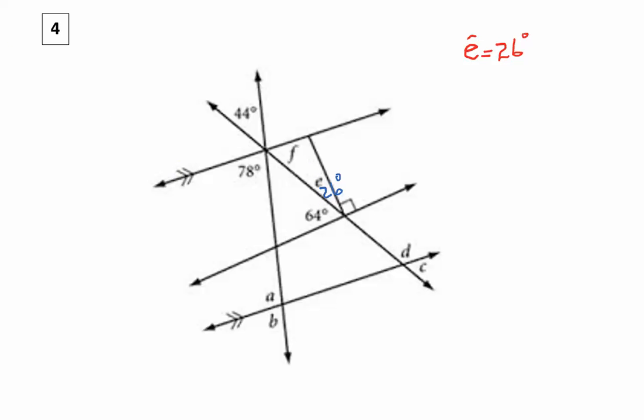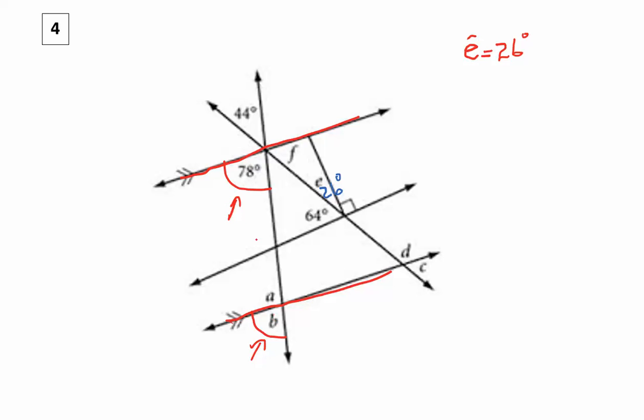Our next angle that we're going to be looking at is angle B. Look at my parallel lines. There's one over there, and there's another one over there. If I look at this angle of 78, and I look at angle B, because they're both lying below the parallel line, they are corresponding.